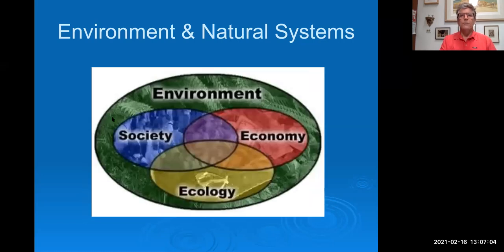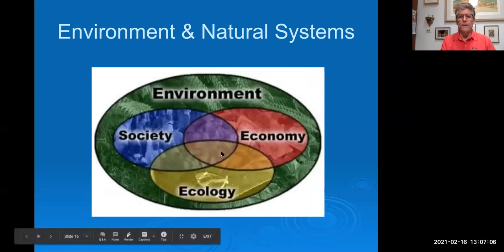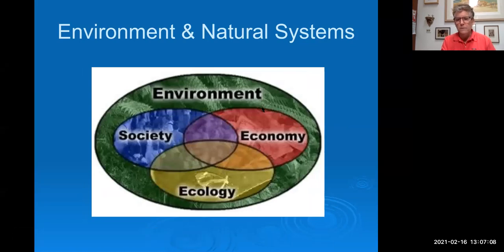Okay. So here is another one of these Venn diagrams. So the environment contains everything. Society, economy, and ecology all come together in the environment. These are Venn diagrams, and you can see where things overlap. So in the center here is where society, economy, and ecology all overlap.